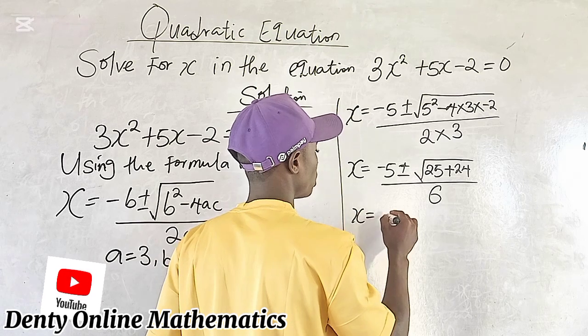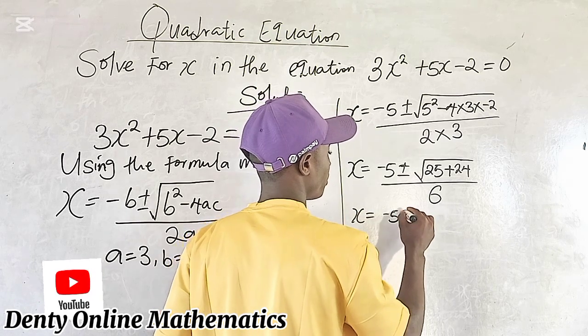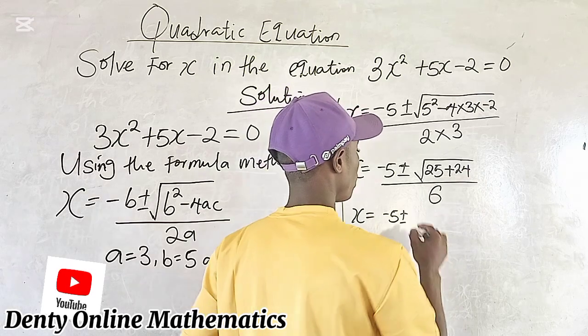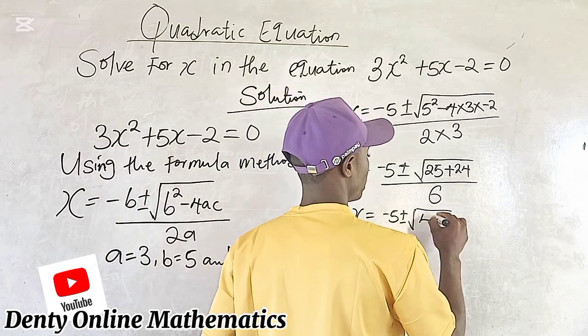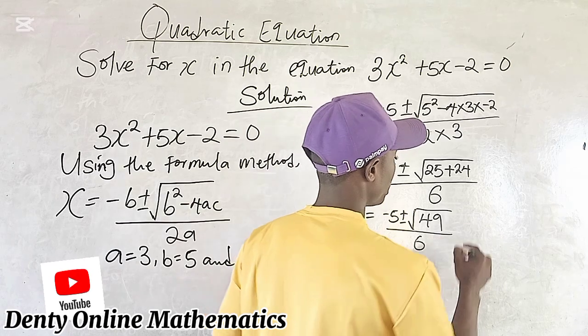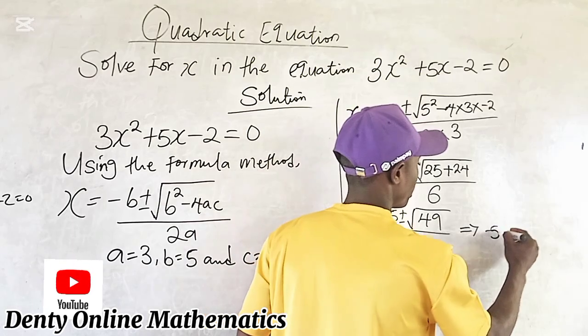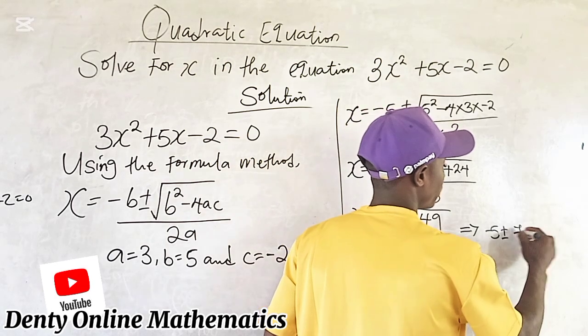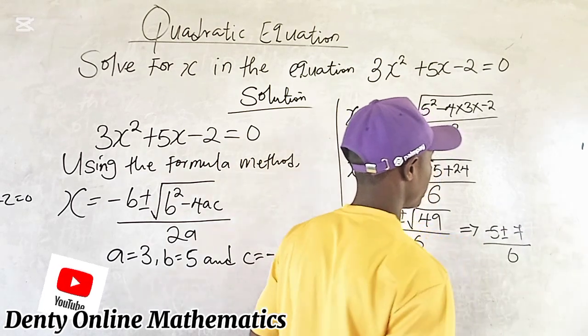So x will be equal to minus 5 plus or minus the square root of 25 plus 24, which is 49, all divided by 6. Now the square root of 49 is 7.